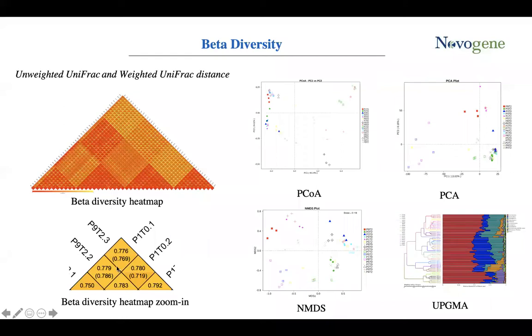So if we zoom in, each grid represents a pairwise similarity coefficient between the pairwise samples. And weighted UniFrac distance is displayed above, and unweighted UniFrac distance is shown below. So the smaller the number shown here means the smaller the species diversity difference between the paired samples.